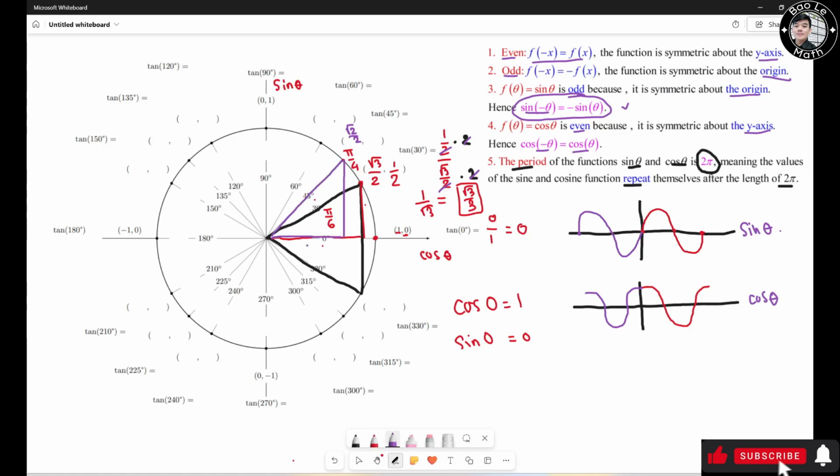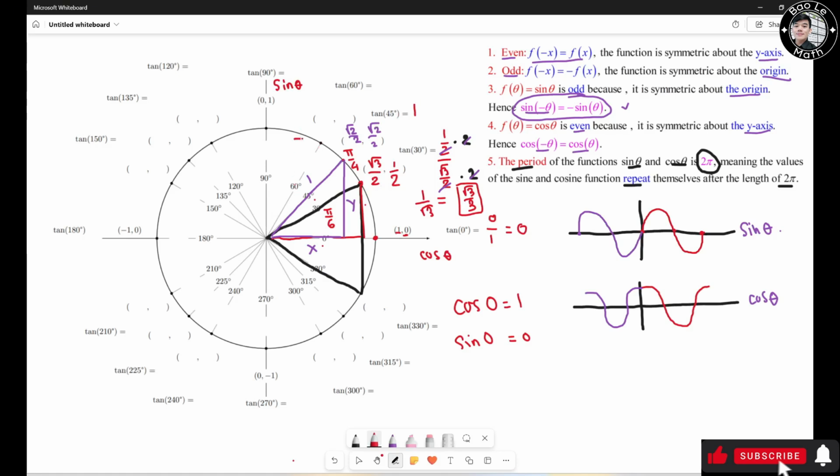This is the x value, this is the y value. The x and y values should be the same because this is an isosceles right triangle. And this side is 1, and then you can calculate x and y. They both are root 2 over 2. So I have root 2 over 2. Now tangent of pi over 4, which is root 2 over 2 divided by root 2 over 2, is going to be 1.